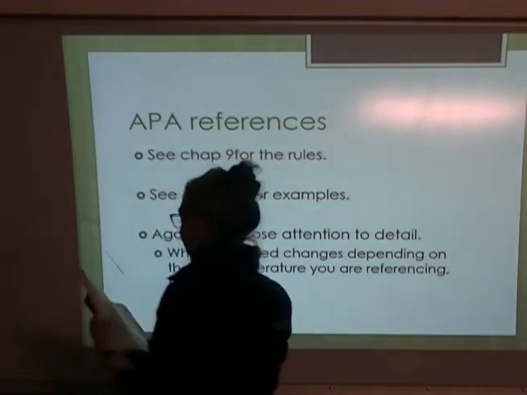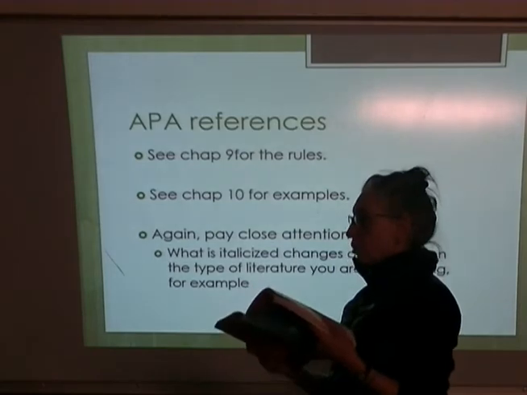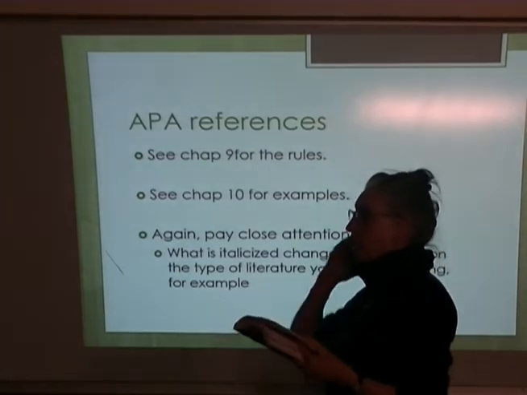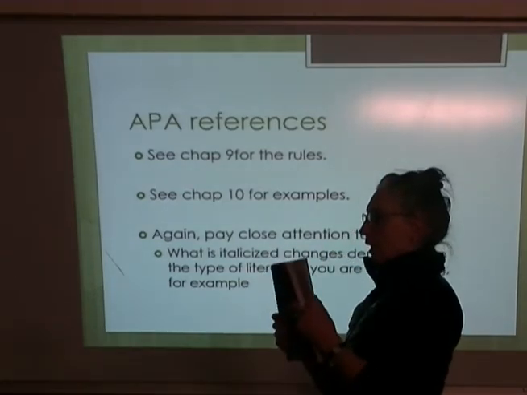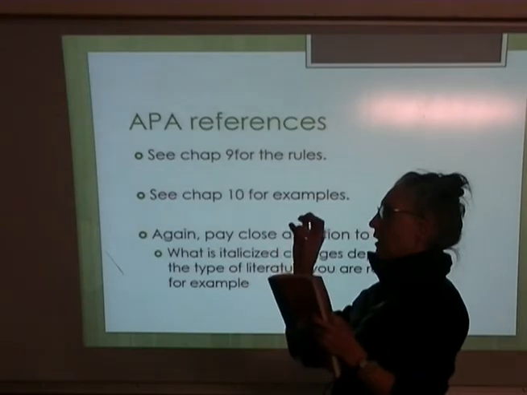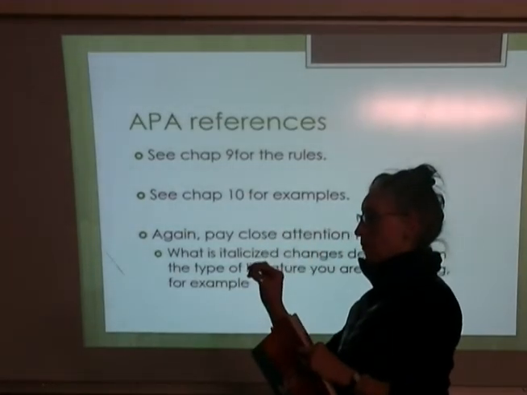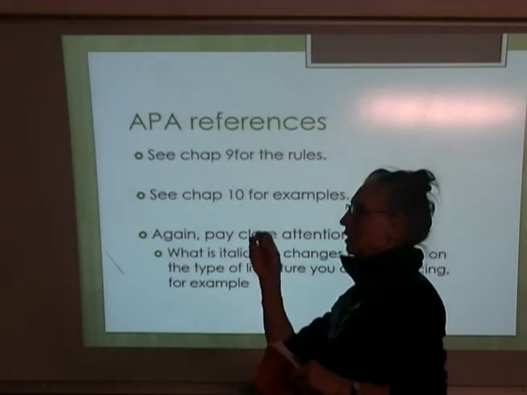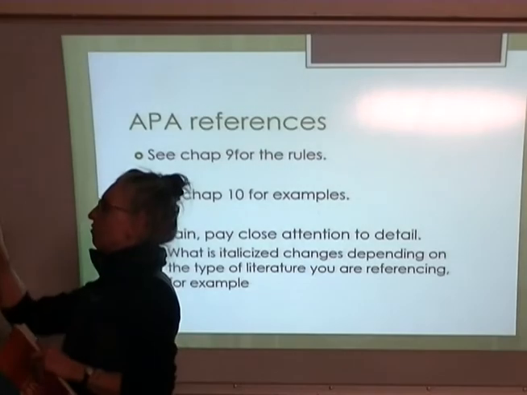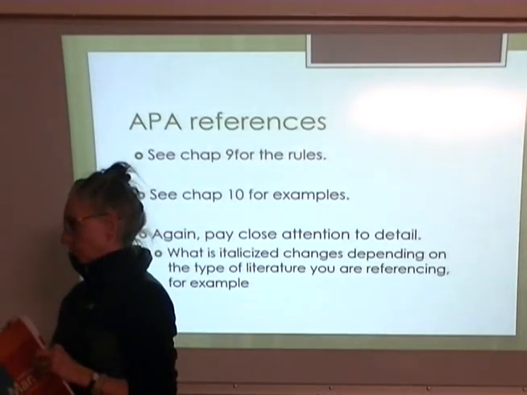okay? Then we have the date, when was it published? We have the title, and we have the source, where can I find it? And the point of APA and the point of references and citations, and the reason that they're so picky about how you format them, is to make it as easy as possible for the person reading your work to find that article or book if they want to read it for themselves.